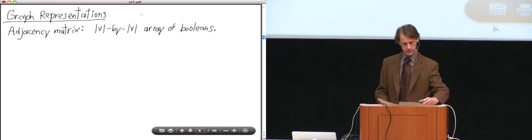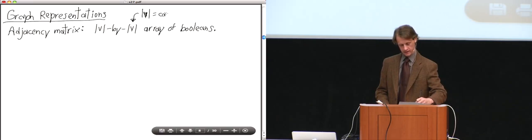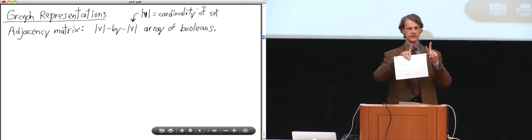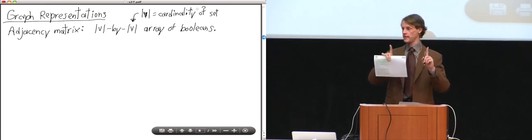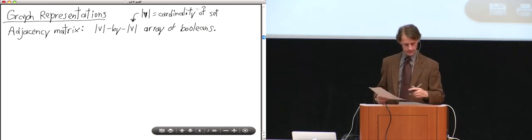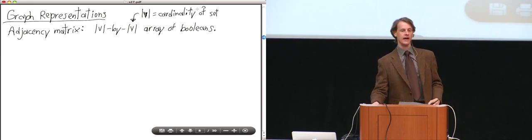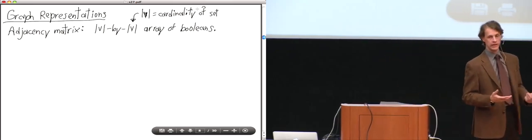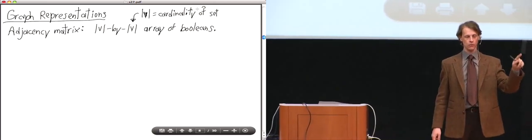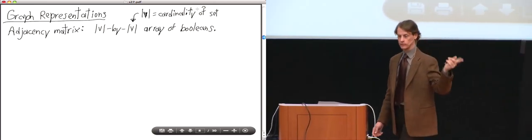By the way, I don't know if I've mentioned this before, but this notation where you take a set and put it in absolute value signs is called the cardinality of a set, which just means the number of things in that set. In this case, the vertical bars around V mean the number of vertices. So we take a two-dimensional array of Booleans that has one row for every vertex and one column for every vertex.